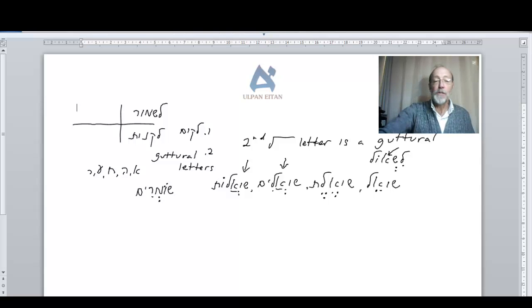Now, the 2 general rules of the guttural letters are: 1, the guttural letter loves the ah sound. We see that in this particular verb, sho'alim, sho'alot. And the second rule that you might not see so clearly yet is: don't lose the guttural letter, play it up.